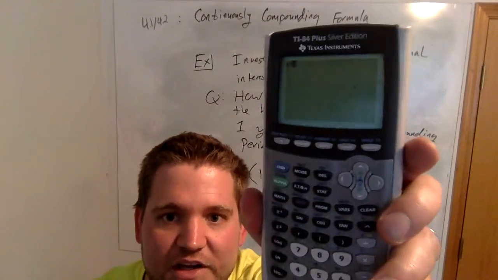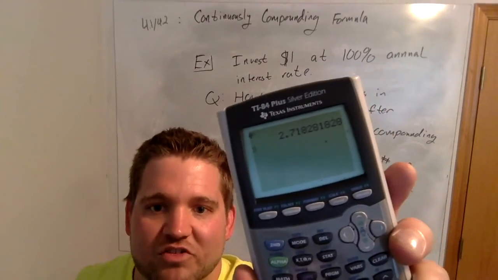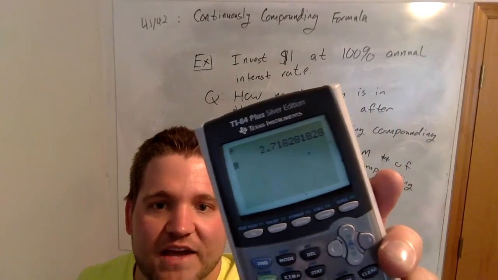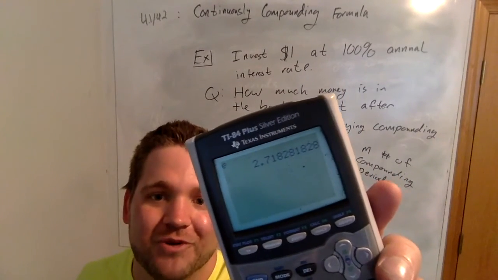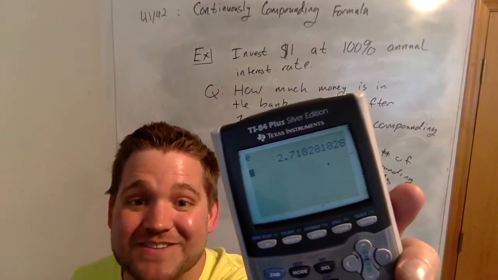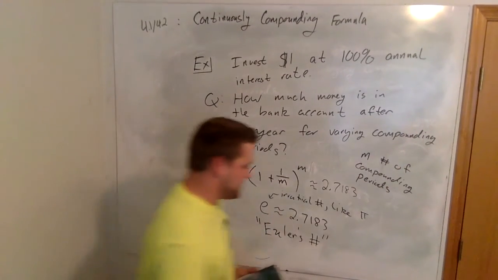So we have that number E, and if we hit enter, we're getting its decimal approximation, 2.71828, or 2.7183 if we're rounding to 4 decimal places. There's our famous number E. We're going to need this in just a second.